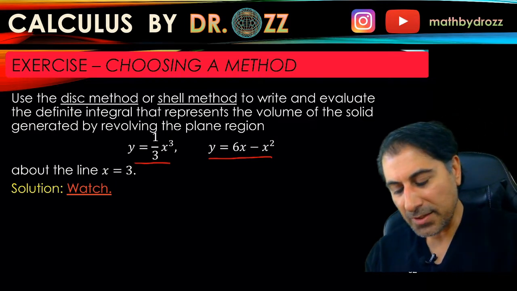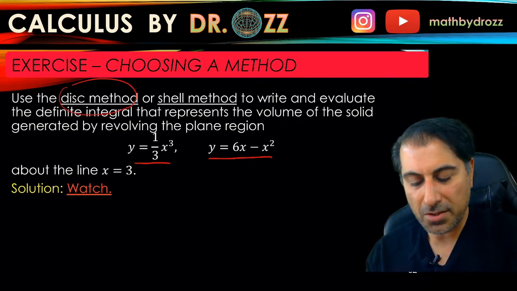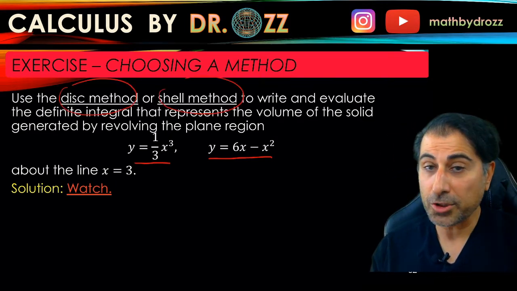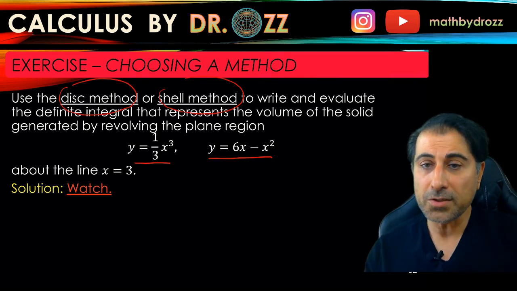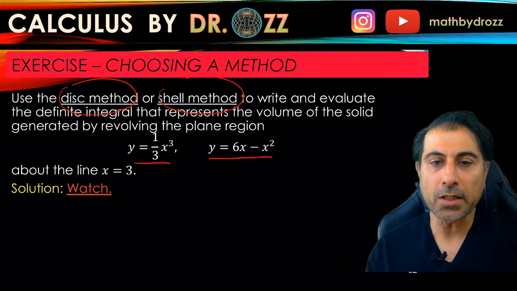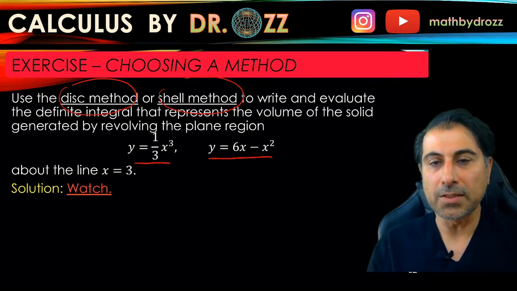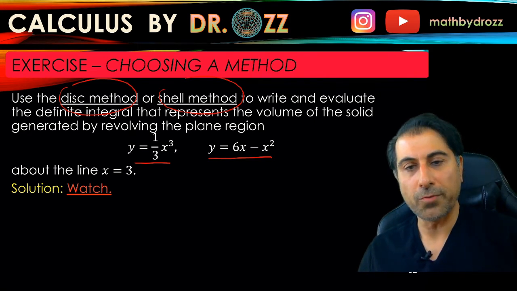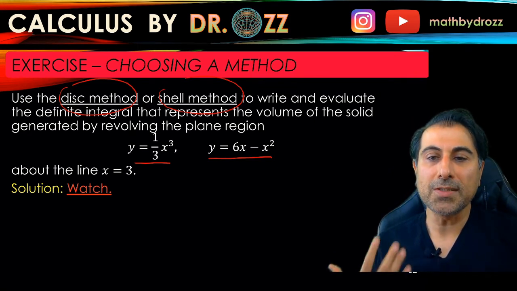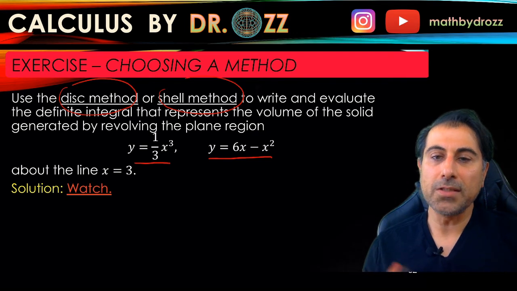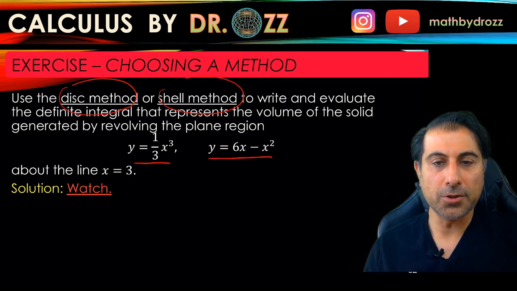And in the question statement, as you see, use either disk or shell method. In fact, you can try using both of them just to see what's going on. But the point is that you want to get to the final result in a very short way, in an optimal way. So you will see if the disk or shell method provides you the shortcut.